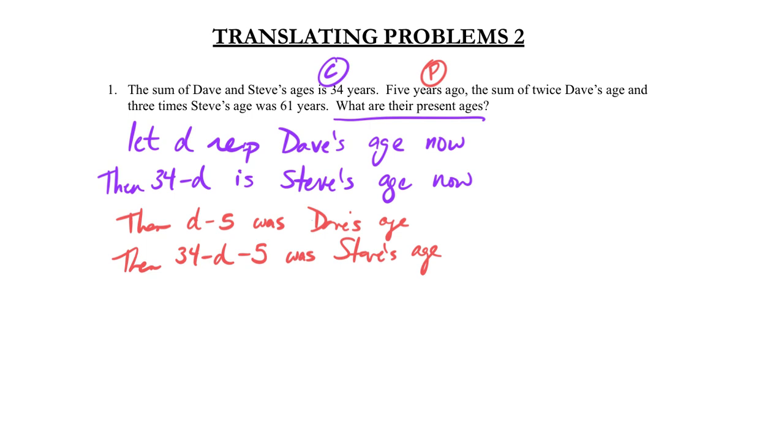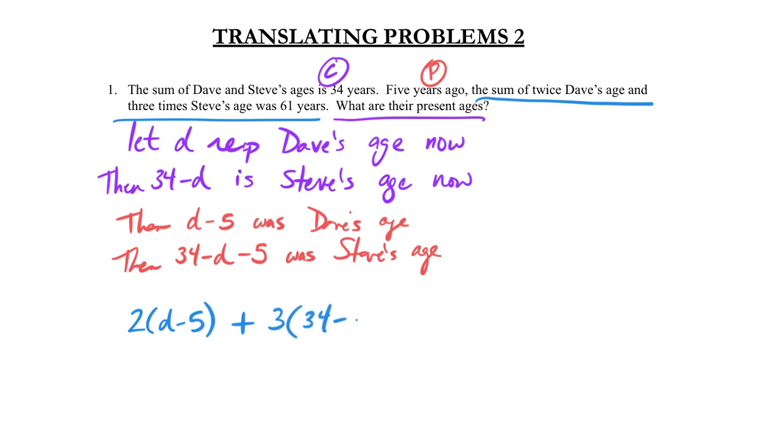So when you go to create your equation by using that other time period, that being the red one, you can now say the sum of twice Dave's age, so there's my 2 times D minus 5, and 3 times Steve's old age.